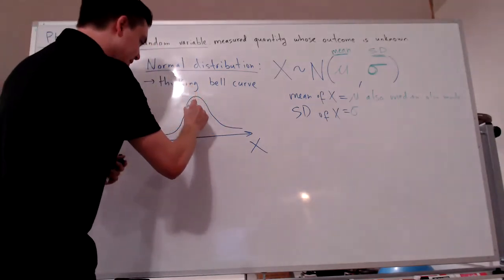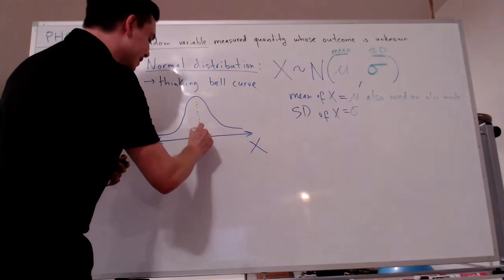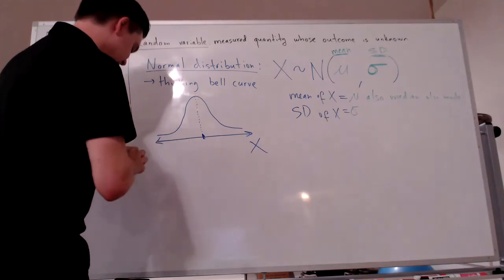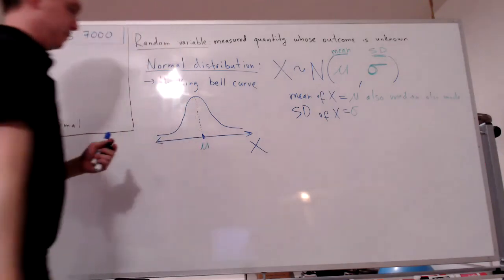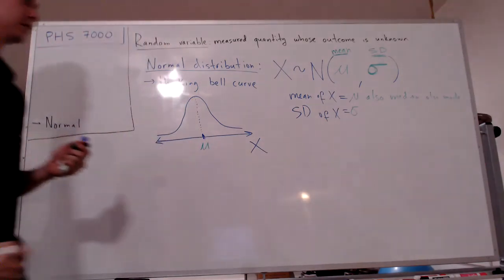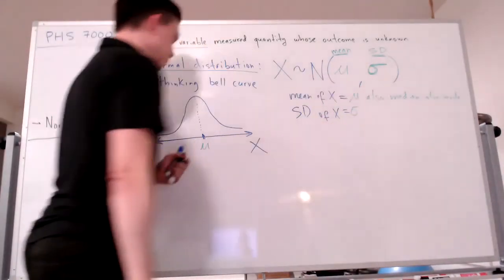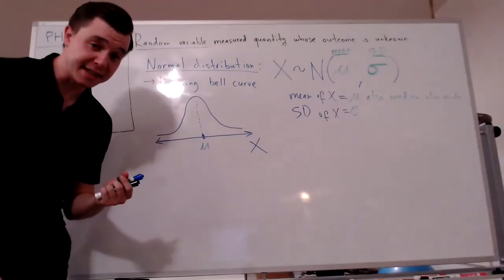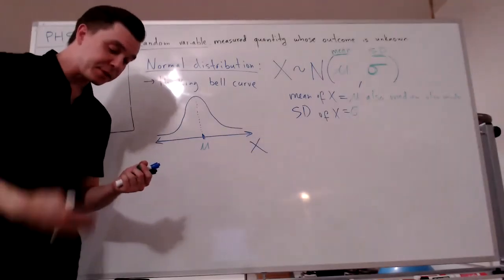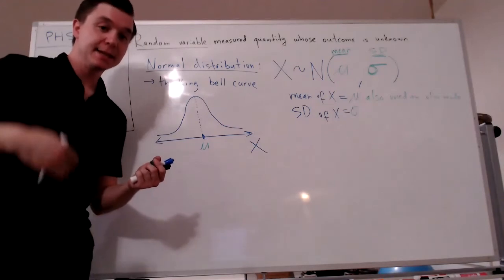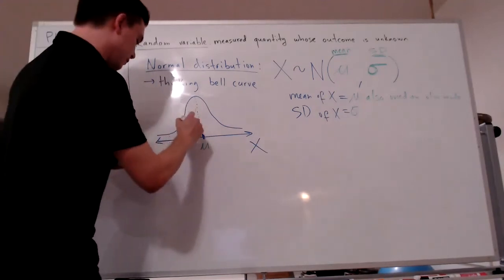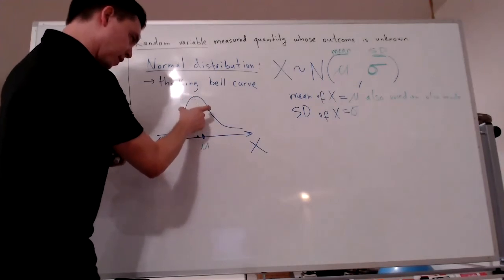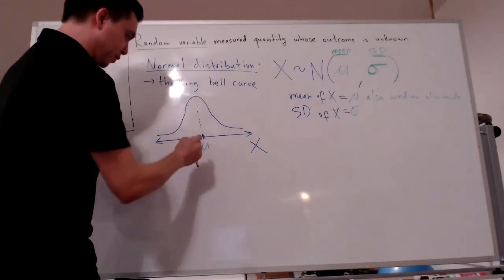It is going to be centered at mu. All right, how do we show the standard deviation? Well, the interpretation of the standard deviation is that it's the average distance of the data to the mean. But it kind of has a couple of anchor points, if you will.